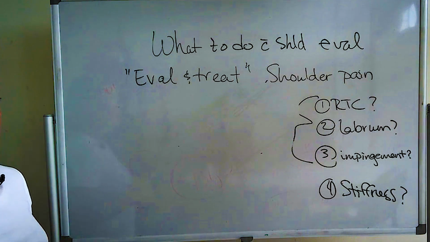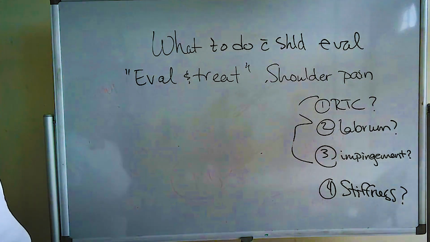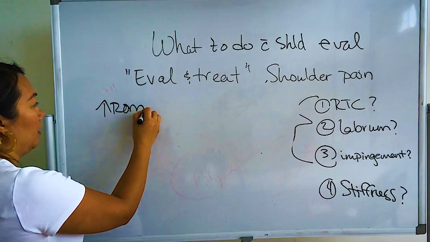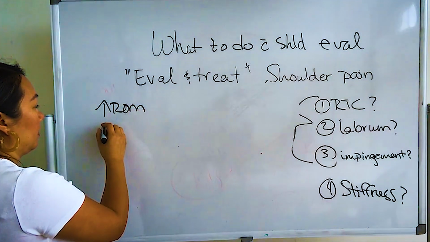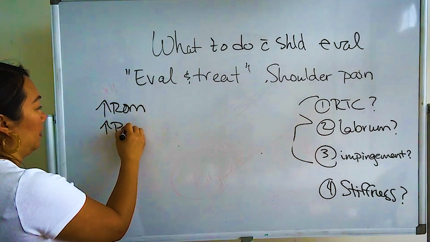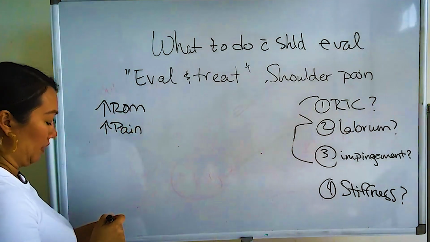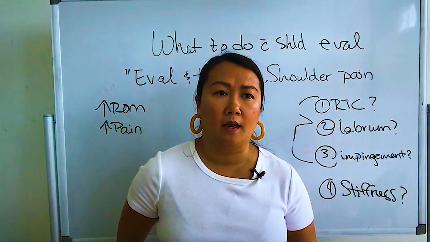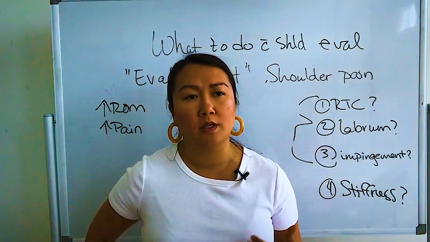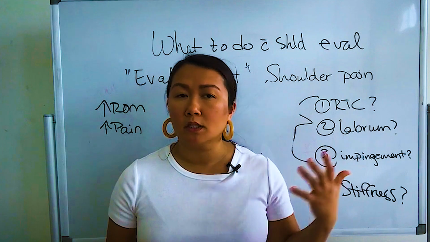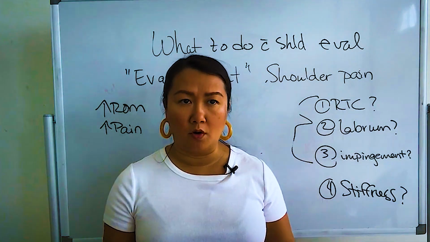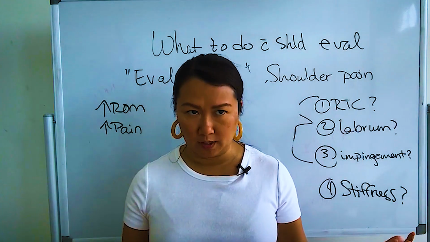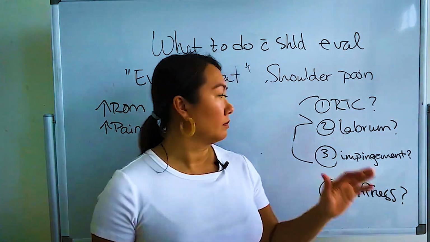What we get a lot here is people who come in and they have great range of motion, and they have pain. So let's say somebody comes in and says, my shoulder hurts. I hurt it months ago, possibly years ago, and nothing I do helps me get it better. It hurts all the time, right?